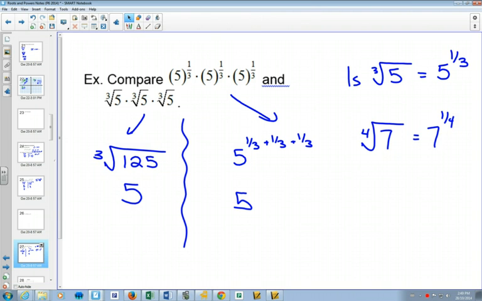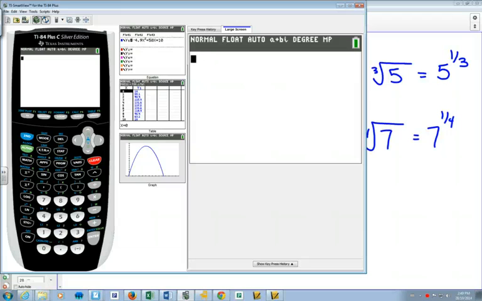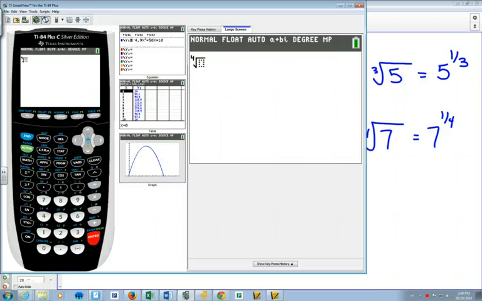Check out your calculator. Are you able to type in the 4th root from the math menu? Go down to number 5. Push enter. 4th root of 7. Get a value. And then type 7 to the power 1 divided by 4.